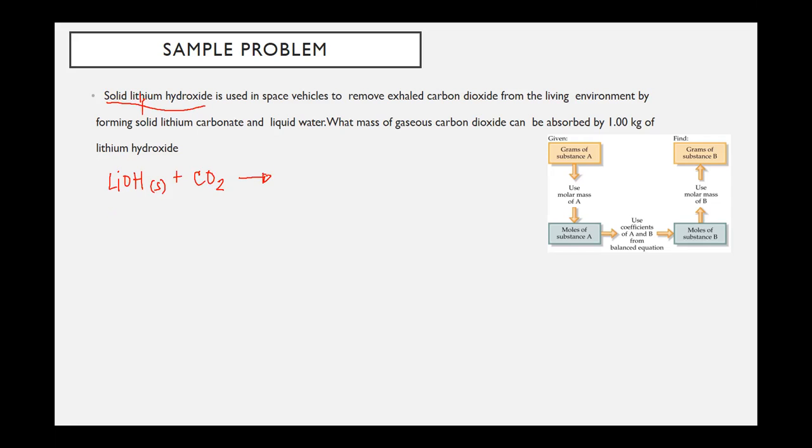And then we produce lithium carbonate. Lithium carbonate. So, you should also know formula writing, which can be discussed in another session. And liquid water. So, this is our reaction.